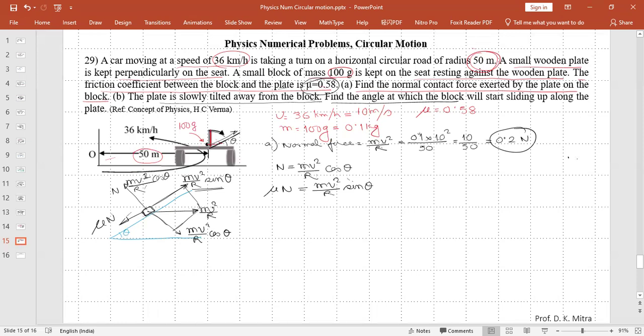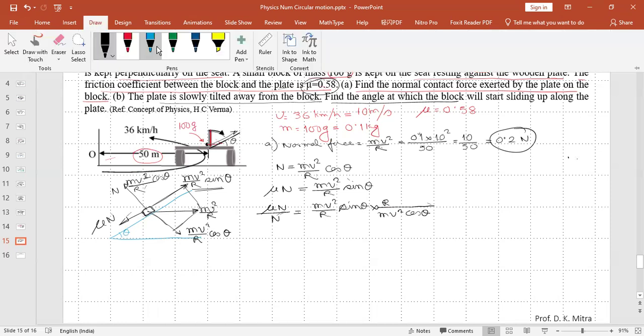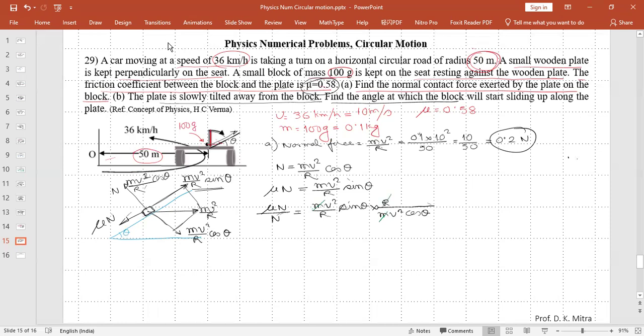From here, if you divide one equation by the other, let us say mu n upon n, then mu n is mv square by r sin theta, multiplied by r upon mv square cos theta. On either side, m gets cancelled, r gets cancelled, v square gets cancelled, n gets cancelled.